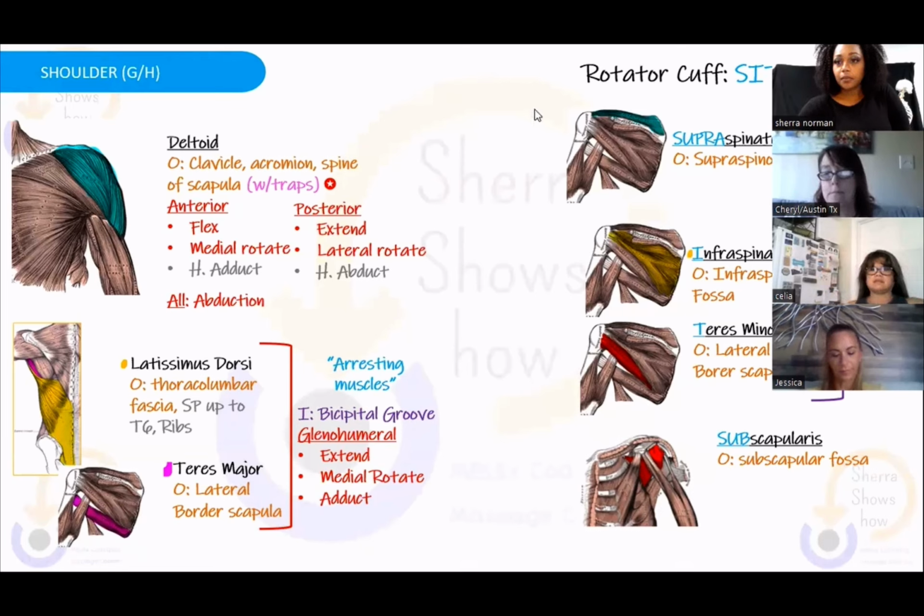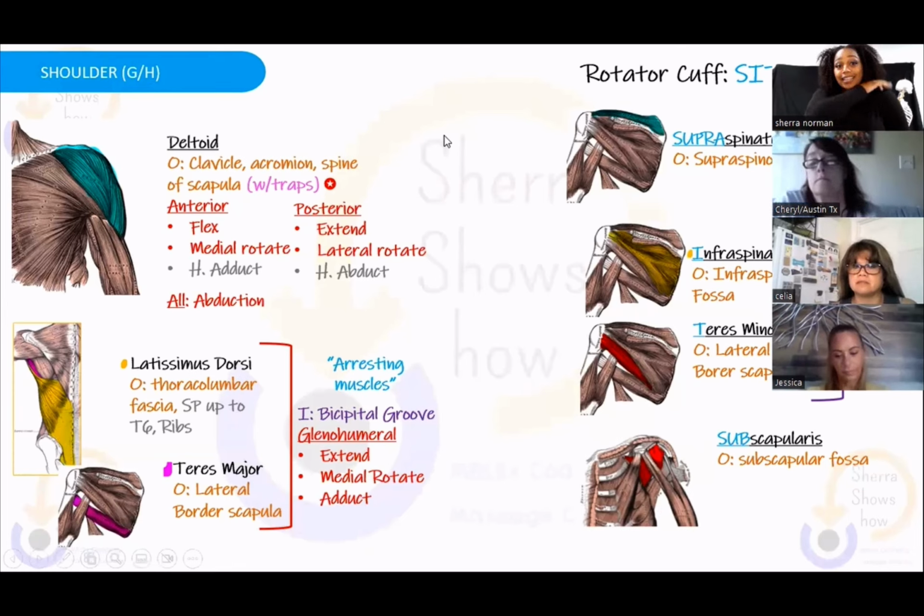What just popped up? My picture over here. All three of the first SIT, it's out that way. The SIT inserts on the greater tubercle. That is a test point. All three, the first three, the SIT insert on the greater tubercle.